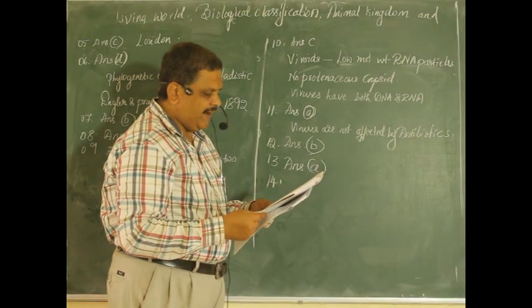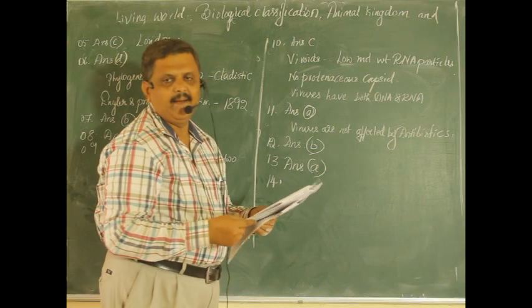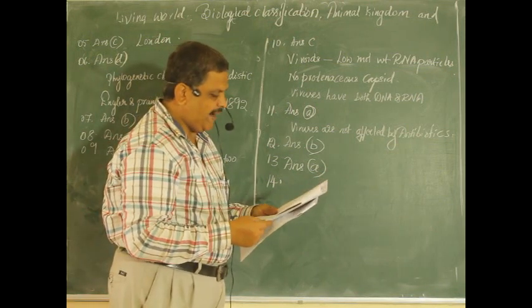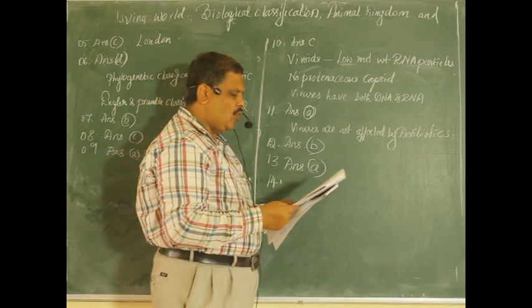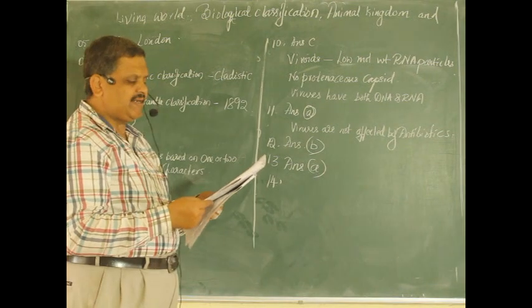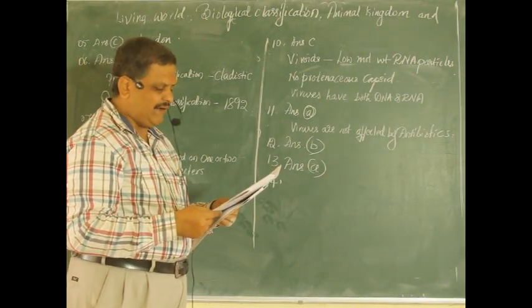Next, question number 14. Which of the following is having ssRNA? Option A, tobacco mosaic virus. Option B, T2 bacteriophage. Option C, pox virus. Option D, phi X174 virus.